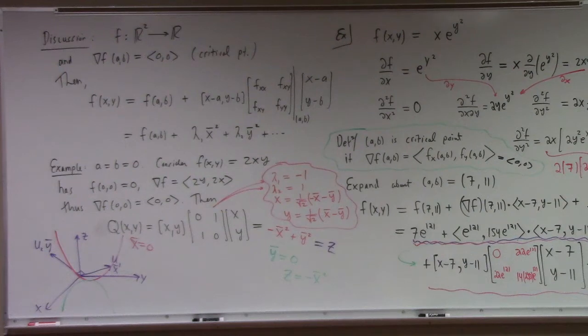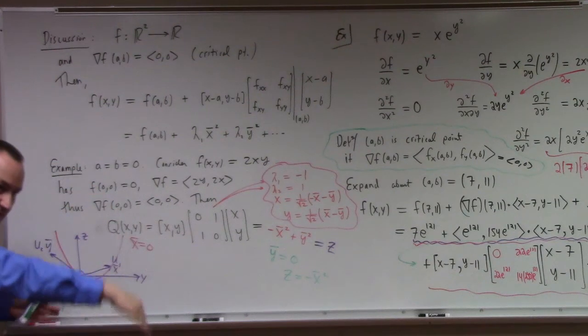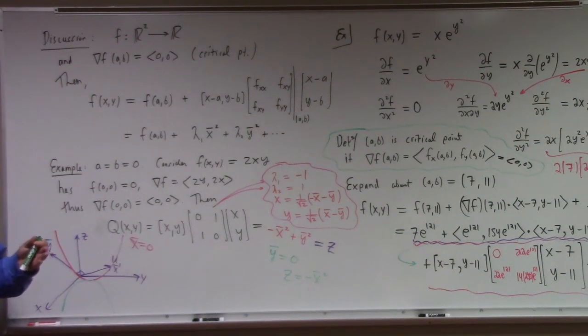It's easier for me to illustrate with my hands. We're talking about a surface that along the y-bar coordinate axis is going up like this, but along the x-bar coordinate axis is going down like that. That's what's called a saddle. So this is saddle shaped, and I can see that from the fact that the eigenvalues are -1 and 1.